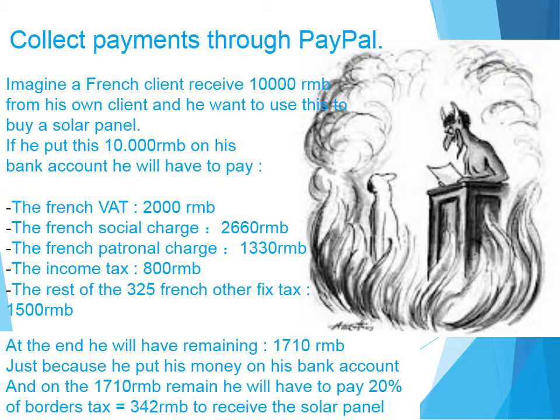So for the rest, they will have to pay something like 1,500 RMB of tax. So at the end, of the 10,000 RMB that he collected to be able to use it, he will have 1,700 RMB remaining. On this 1,700 RMB, he will have to pay 20% border tax, so 342 RMB.